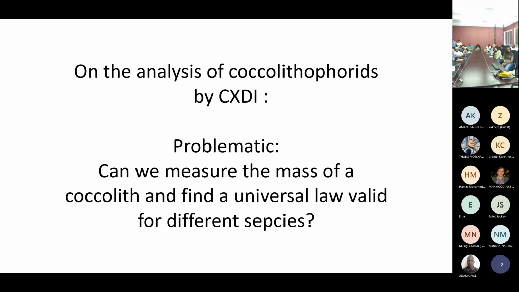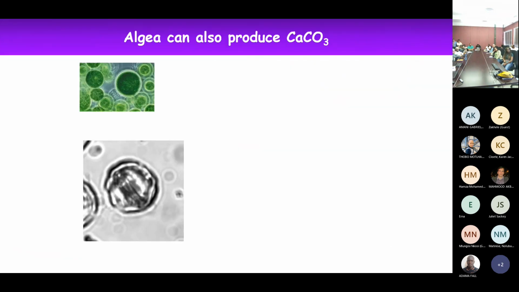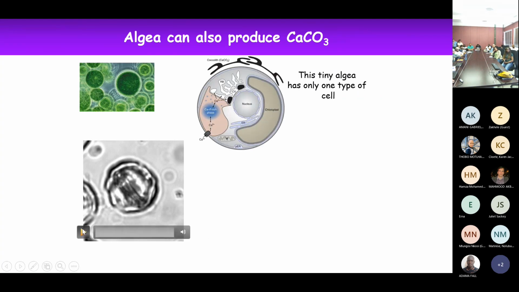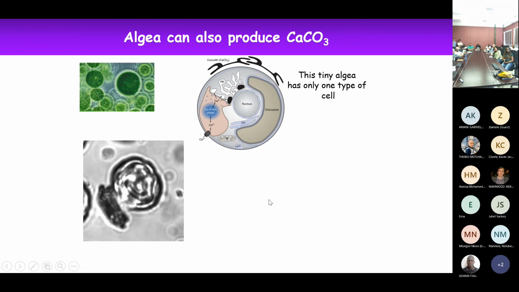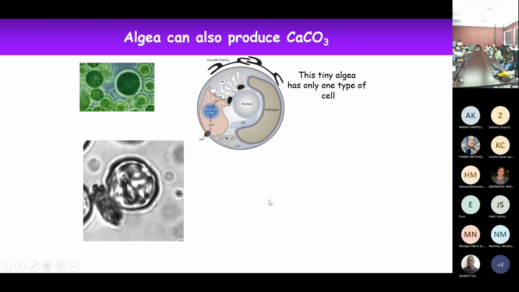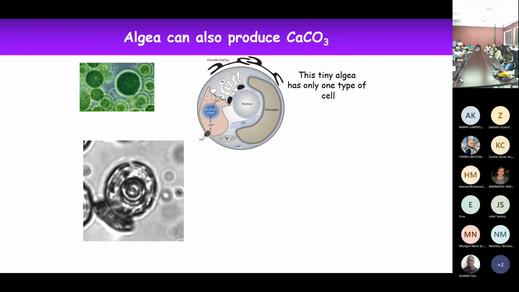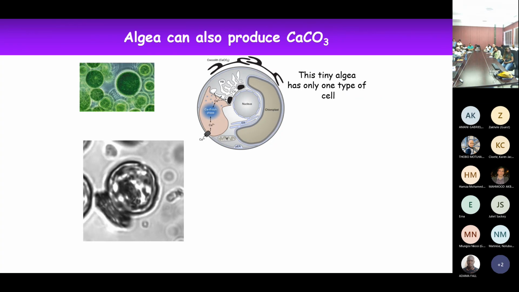And just to finalize what I was showing you, calcium carbonate can also be produced by algae. So maybe you can start this movie. Algae have membranes like this. And you can see in this movie that there is a chemical reaction occurring inside the membrane of the algae.